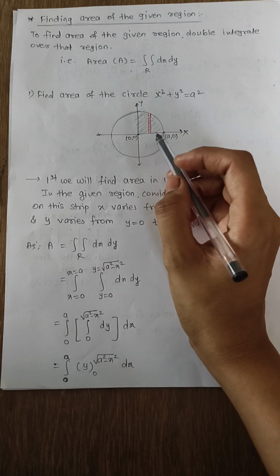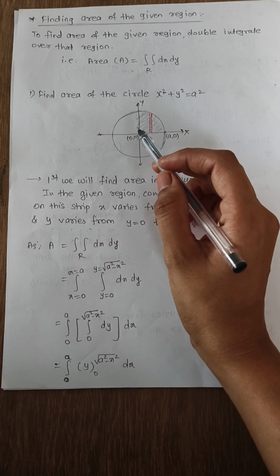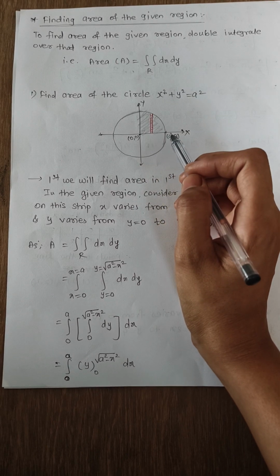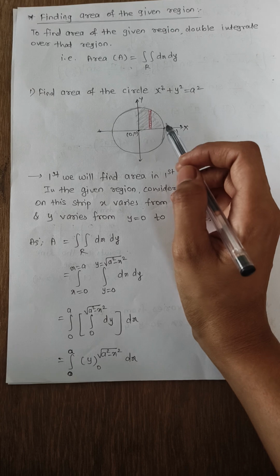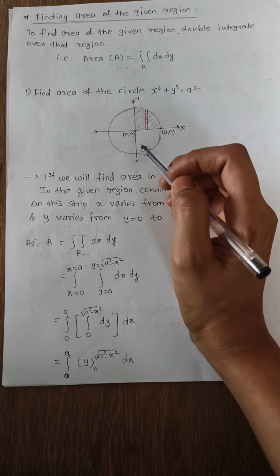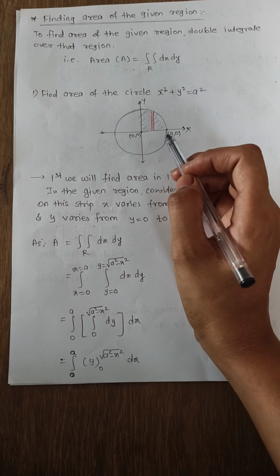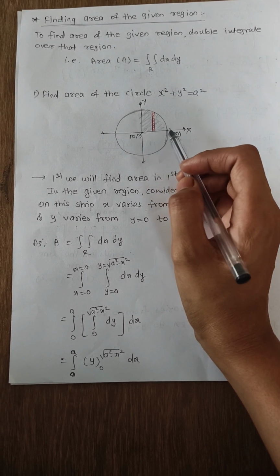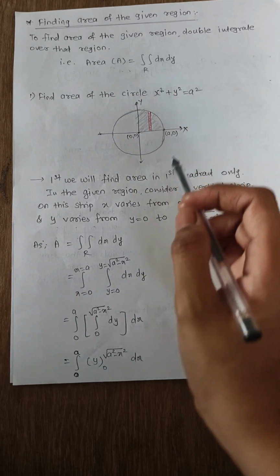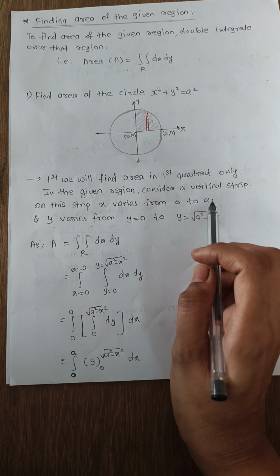Along the x-axis, it varies from x equal to 0 to x equal to a. If you move the strip from left to right, on the left it will coincide with x equal to 0 and on the right it will coincide with x equal to a. So this gives the limit for x, that is x equal to 0 to x equal to a, as written over here. On this strip x varies from 0 to a.